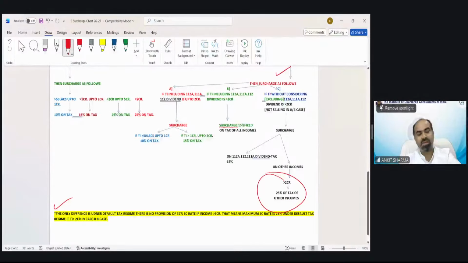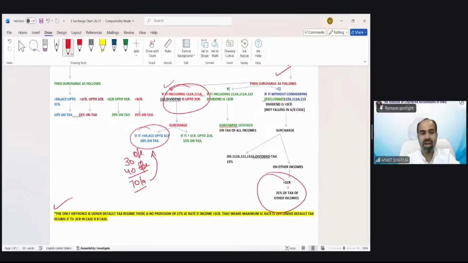If a special income has been given, automatically these provisions are going to be applicable. After including it, in your question you are saying it's 30 lakh rupees other income and 40 lakh is special category of income. So it is up to 2 crore, this case would be applicable, and the aggregate is 70 lakh rupees. So accordingly, 10% surcharge would be applicable in this case.